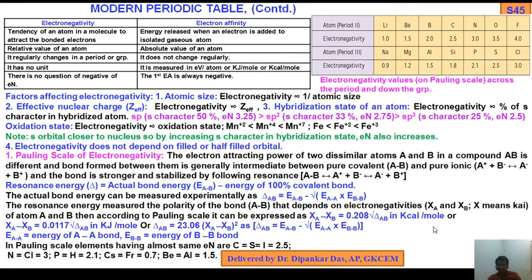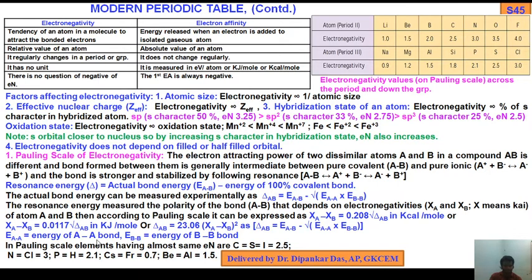So this is in kilocalorie per mole, 0.208, and in kilojoule per mole, 0.0117. We should remember these values in the mathematical expression.